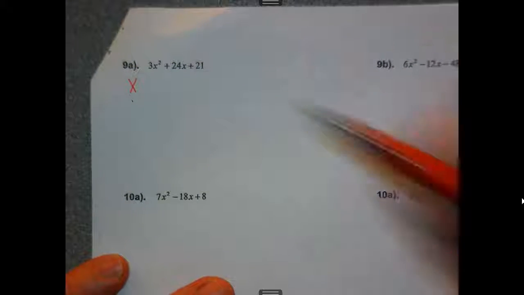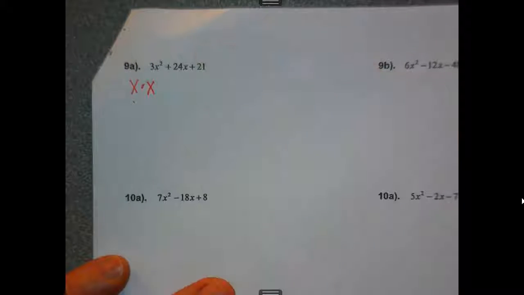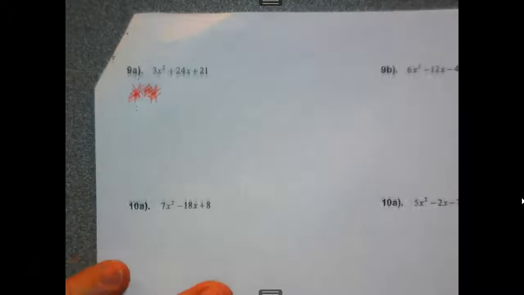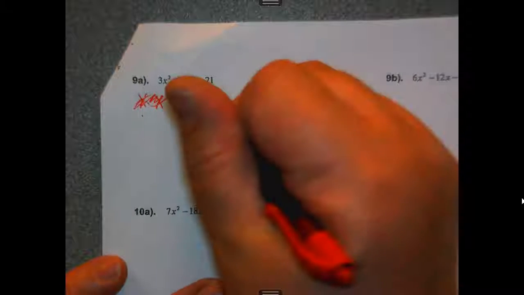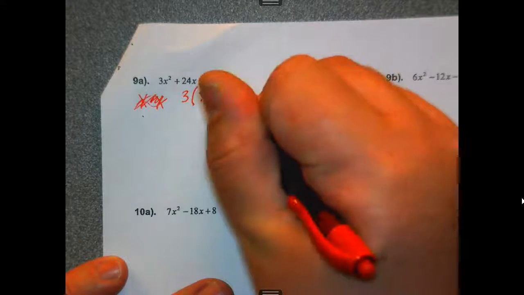X times X. It's hard to tell somebody how to write a math problem, isn't it? Yeah, it really is. You're forgetting the golden rule. What's the first step you take? Take out a common factor. So I could take out a 3 from each one of these, right?